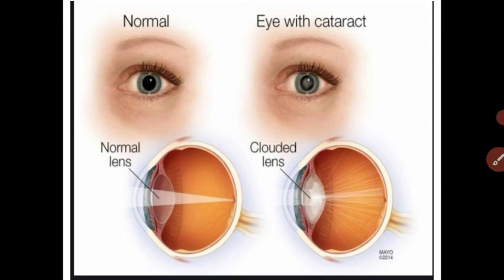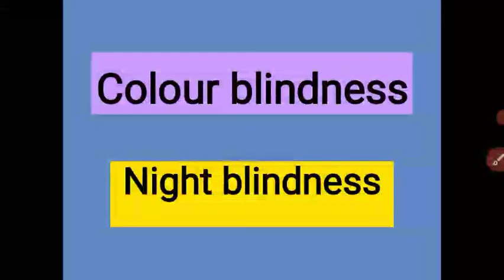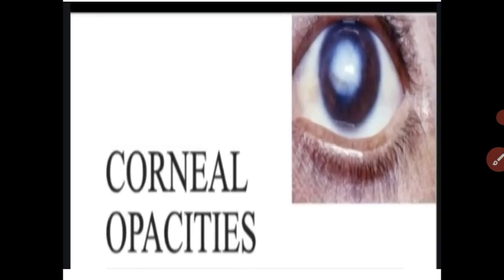Next is color blindness. It is a genetic defect. And night blindness, in the rod cells the secretion of rhodopsin pigment decreases, and the person is not able to see at night, or in dim light. Corneal opacity means the cornea becomes white, opaque, and due to this the person cannot see.